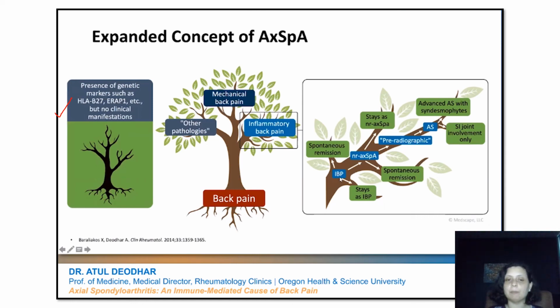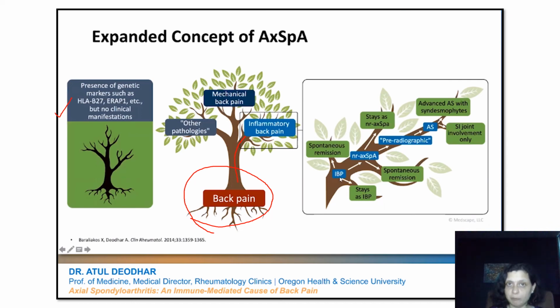Then remember, back pain is very, very common in the general population, right? So back pain could be mechanical, like you pulled a muscle, right? That's mechanical back pain. Or after an injury or accident, or it could be due to osteoarthritis and so many different conditions, right? But a branch of this back pain tree is inflammatory back pain.